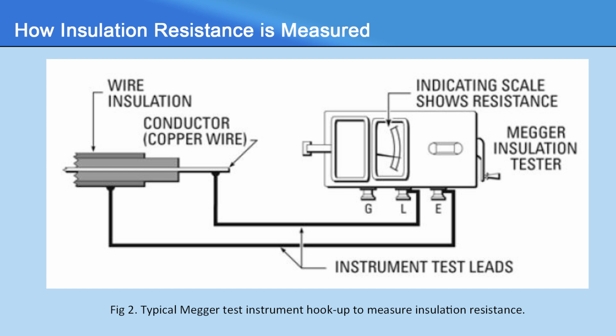Here we can see a conductor made up of copper wire is used and a wire insulation is provided above the copper wire. So the Megger has 3 terminals, that is G, L and E. The L point of the Megger is connected to the copper wire, L denotes the live wire, and the E point is connected to the insulation.